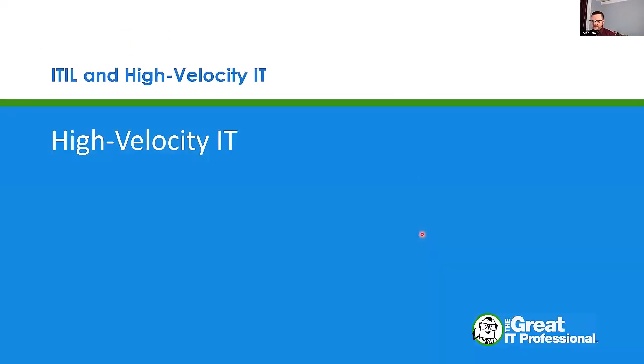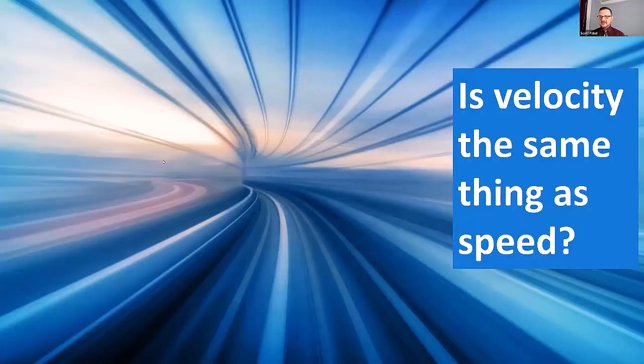In the first part of today's session, I want to talk about high velocity IT, but in broad strokes, very, very broad strokes. In fact, why don't we take this expression and break it down into individual terms? I want to start with the word velocity, because a lot of people believe that velocity is the same thing as speed.